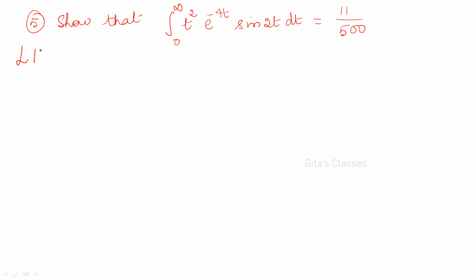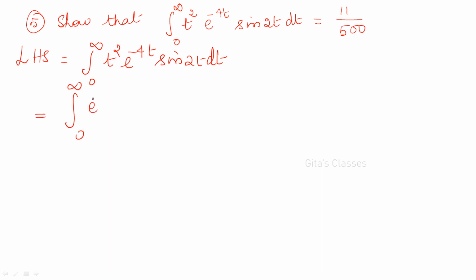So LHS, integral 0 to infinity t squared into e power minus 4t sin 2t dt is equal to integral 0 to infinity e power minus st into t squared sin 2t dt at the point s is equal to, in the place of s, what do you have?